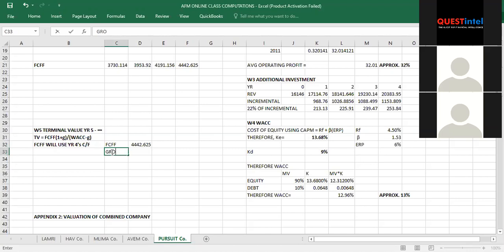So maybe I'll change this now. Growth will be equal to half of sales growth.